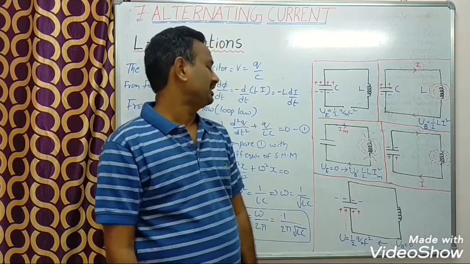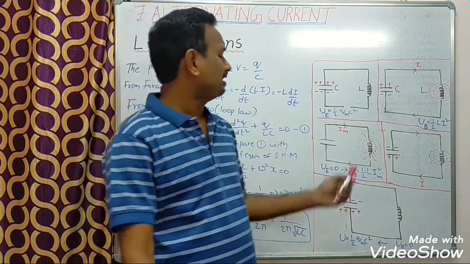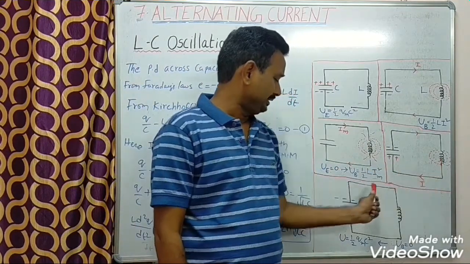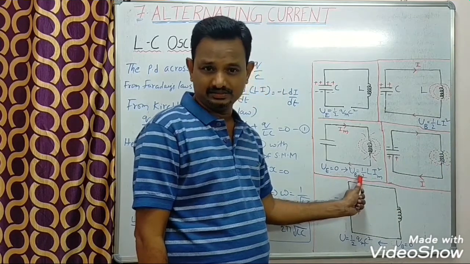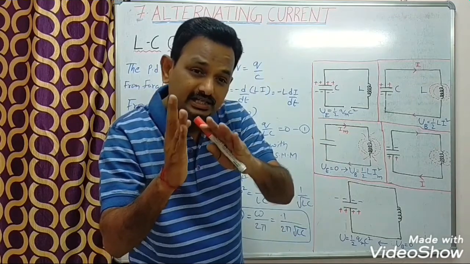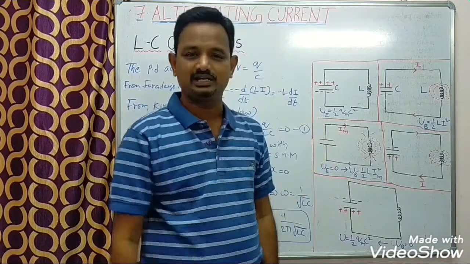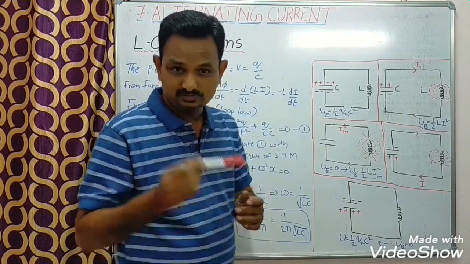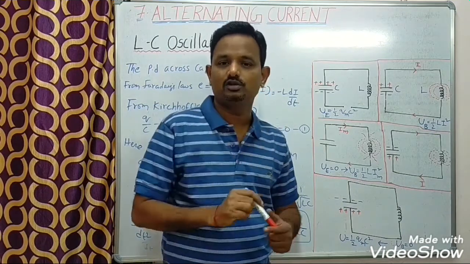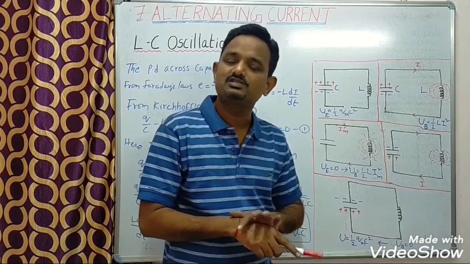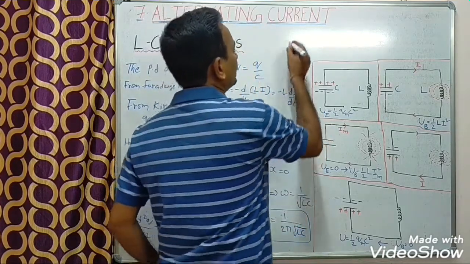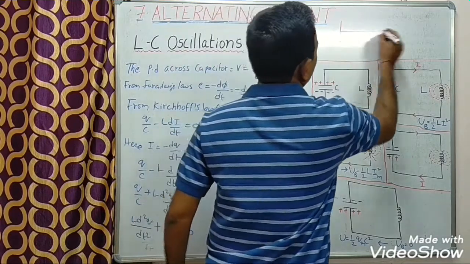Suppose I ask when I will get complete magnetic energy from electrical energy. Suppose at time T by 4. At time T by 4, if you see here, the current has its maximum value. You know the sinusoidal graph here.